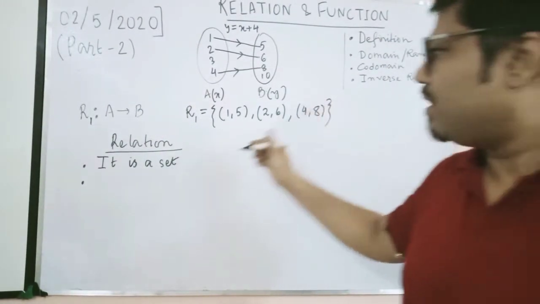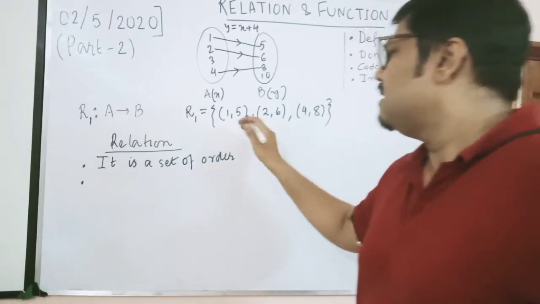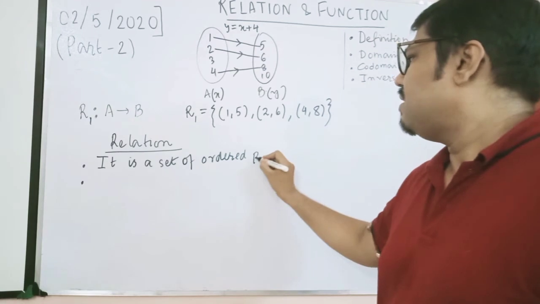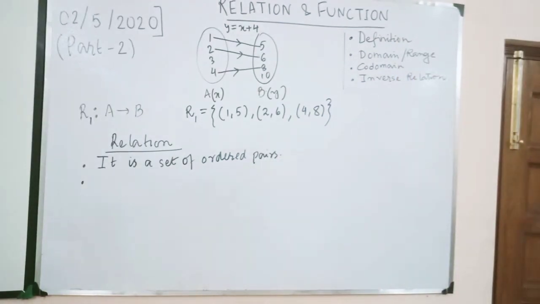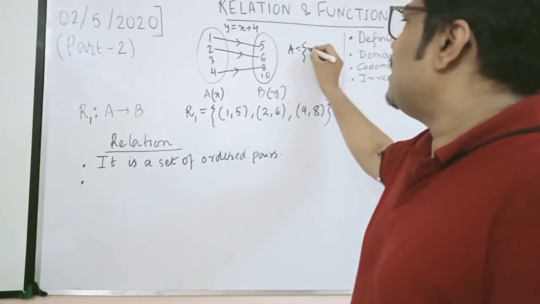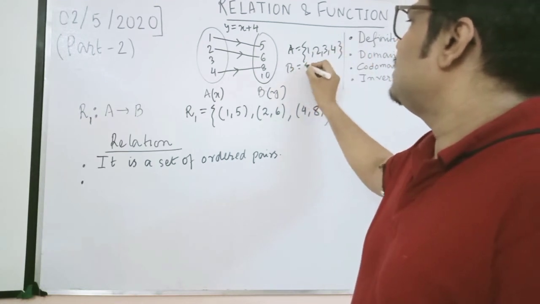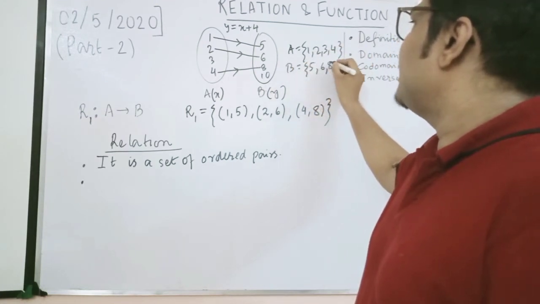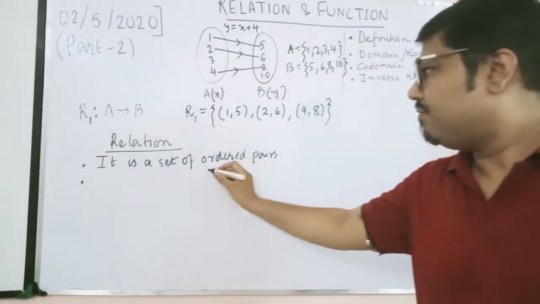It's a set of ordered pairs. This is the additional thing which we write. It's not a simple set like A equals 1, 2, 3, 4, and B equals 5, 6, 8, 10. It's not simple as this. It's a special set of ordered pairs.